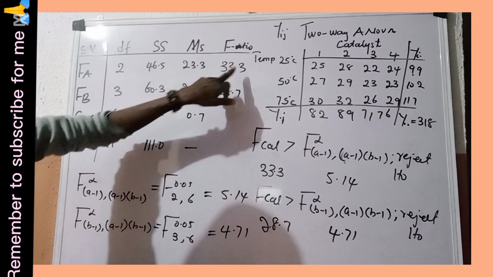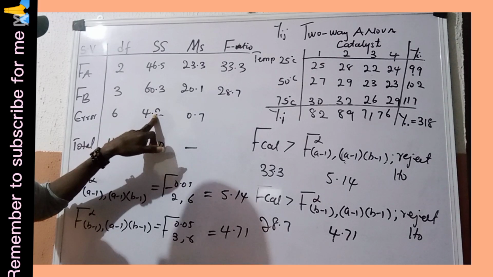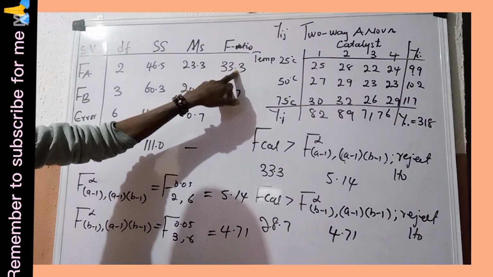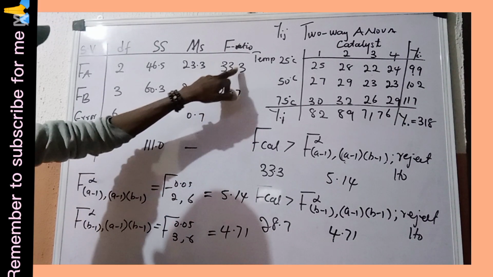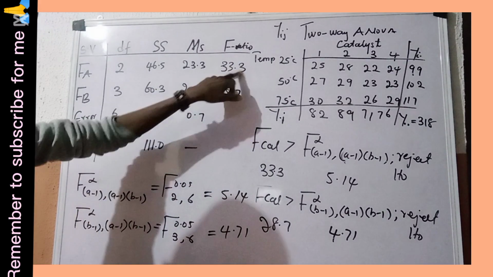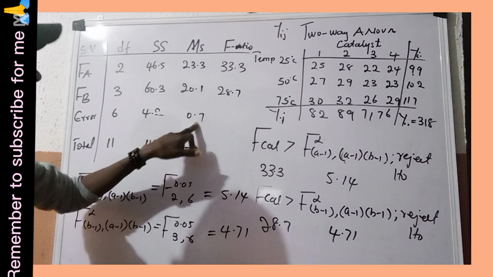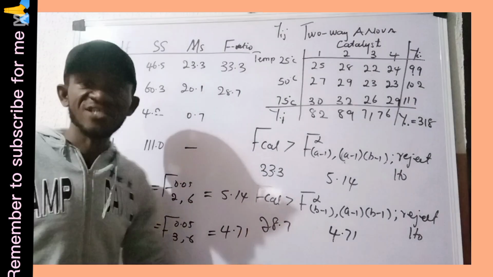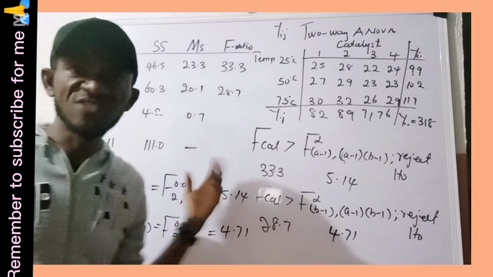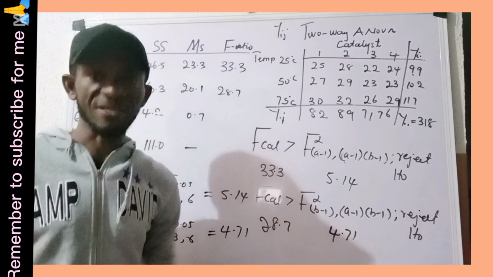So if you did not give me this, what I'm going to do is this all over this, and I will have this. If you did not give me this, I will do this all over this to get this. So that is how to go about completing the missing observations from the two-way ANOVA table.